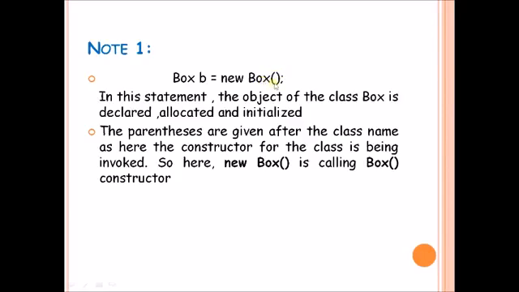So this parenthesis is given after the class name here as the constructor for the class is being invoked. So this is the class name box, B is the object, and the new box, this part is actually invoking the constructor box of that function once the object is created.